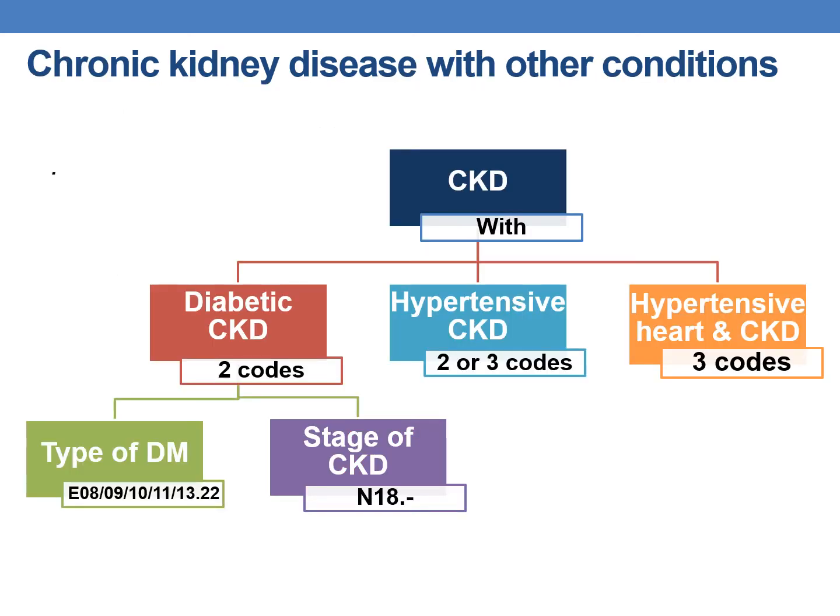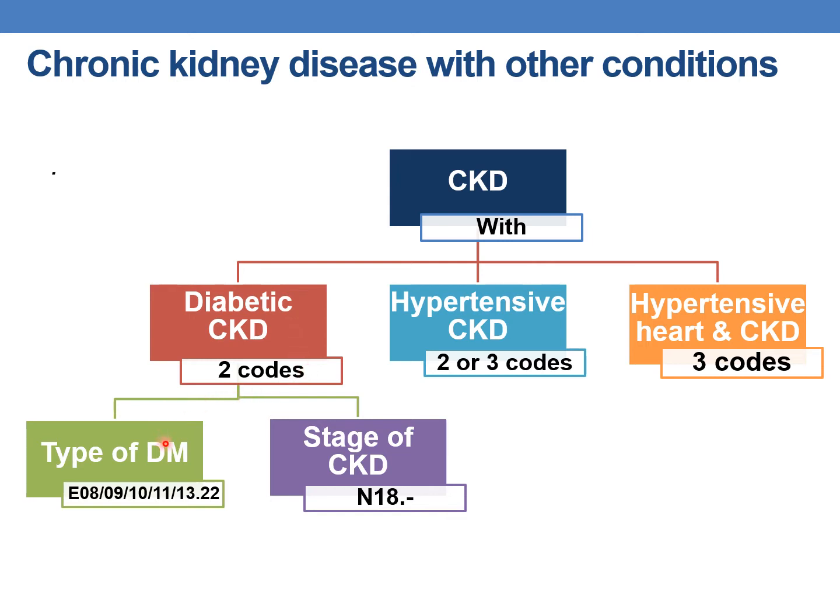Now next, chronic kidney disease with other conditions. So CKD may be associated with conditions such as diabetes, hypertension, or both hypertension and heart failure. Diabetic CKD usually requires two codes.